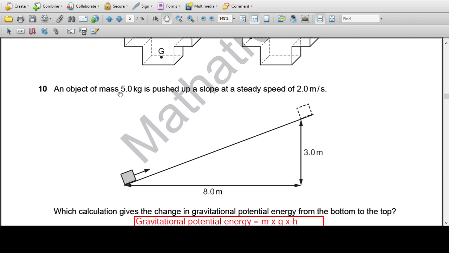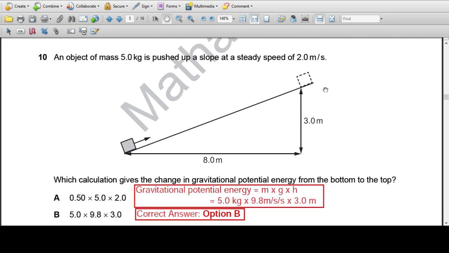An object of mass 5 kg is pushed up a slope at a steady speed of 2 meters per second. Which calculation gives the change in gravitational potential energy from the bottom to the top? Gravitational potential energy is equal to mass times gravity times the change in height.